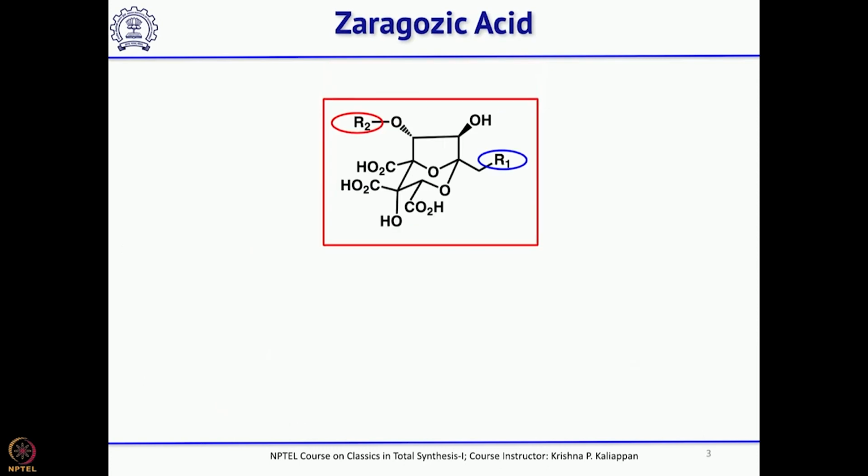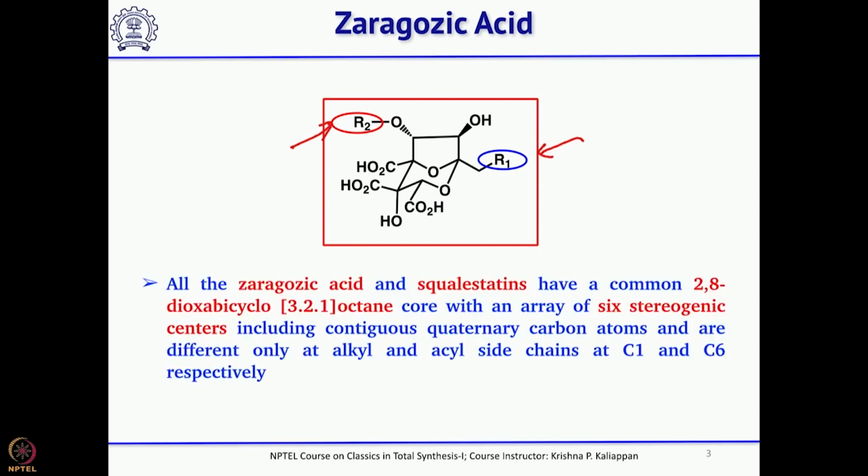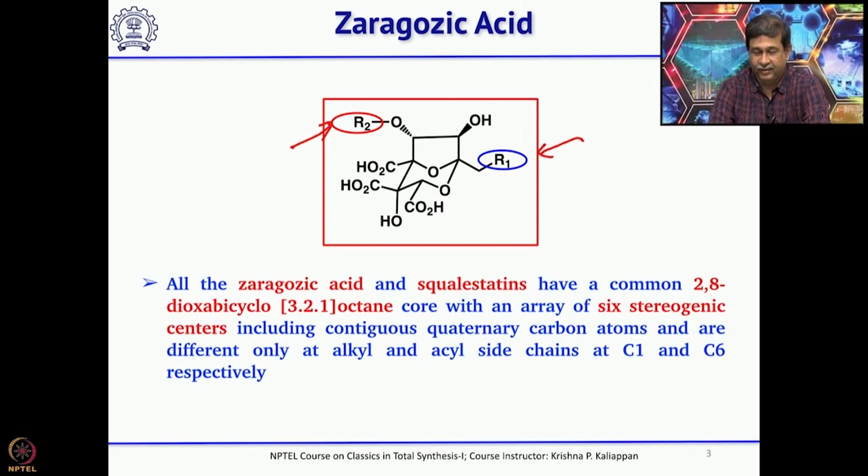So there are many Zaragozic acids, and that depends on the substituents at these two: one on oxygen, that is R2 attached to oxygen, the other one the side chain R1. If you look at these natural products carefully, you can easily find 1, 2, 3, 4, 5, 6 stereogenic centers.